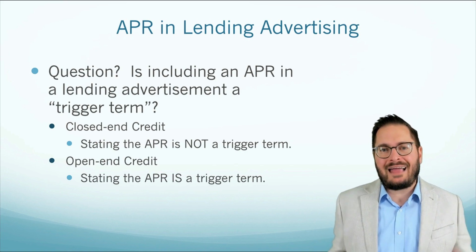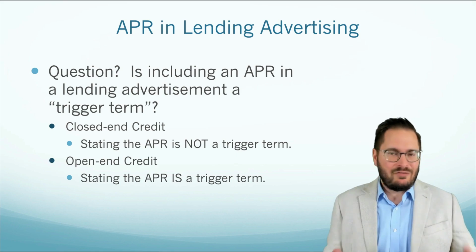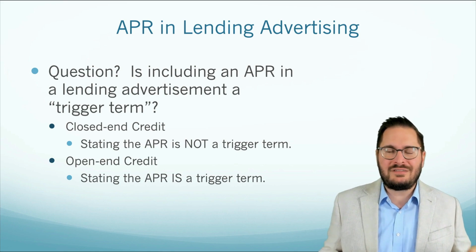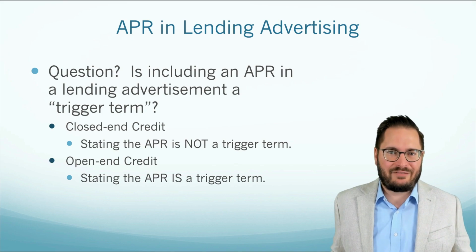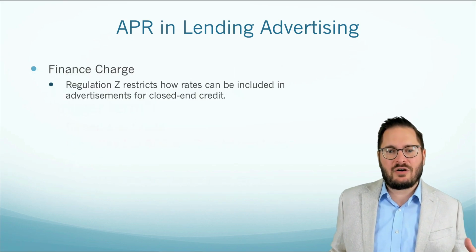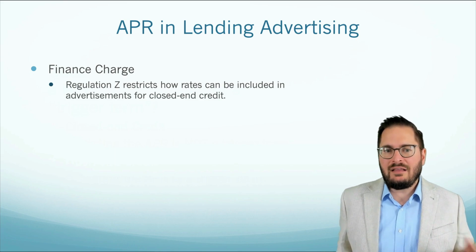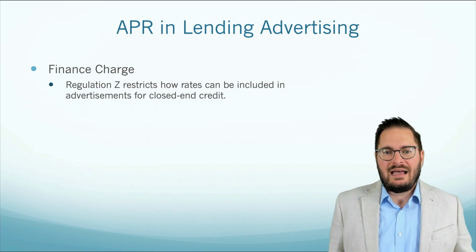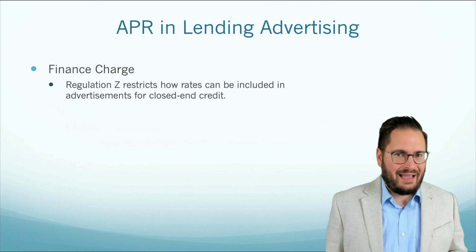There are actually a lot of different nuances in Regulation Z as it relates to using APR in lending advertising. For example, under closed-end credit, Regulation Z restricts how rates can be included in the advertisement.